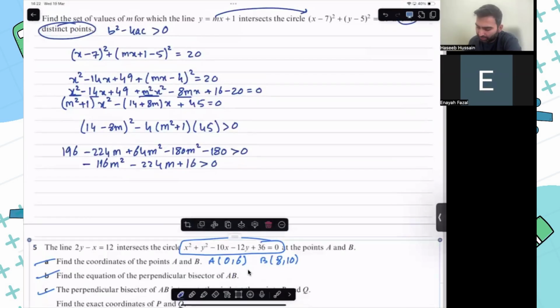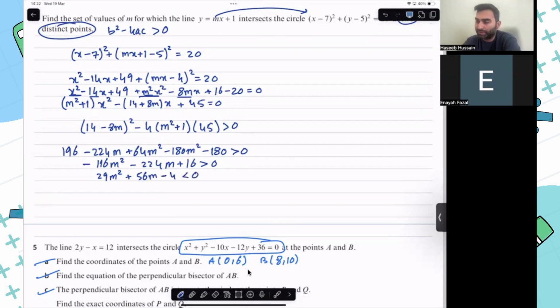So what's 116 divided by 4? 29. 224 divided by 4? 56. 16 divided by negative 4 is negative 4, less than 0. The inequality sign flipped, right? Okay, can you solve this for me?